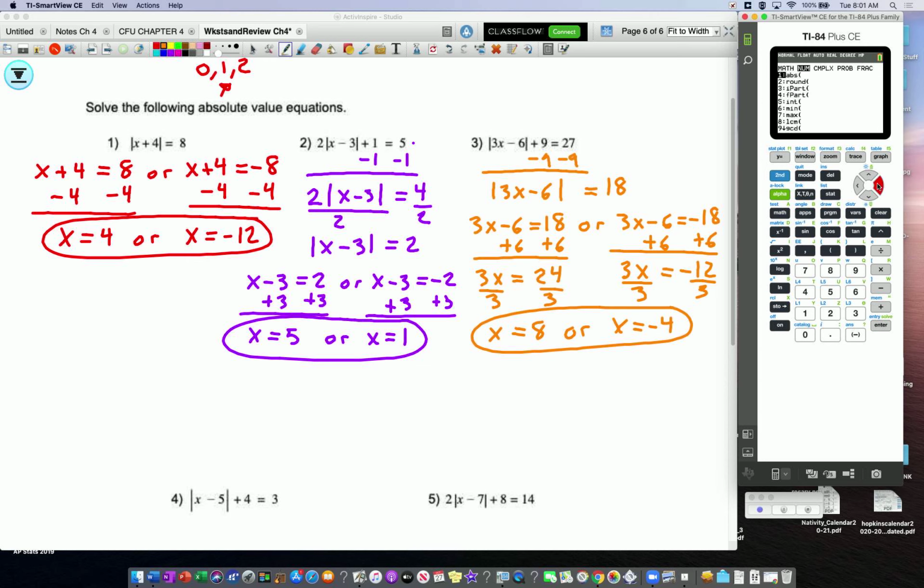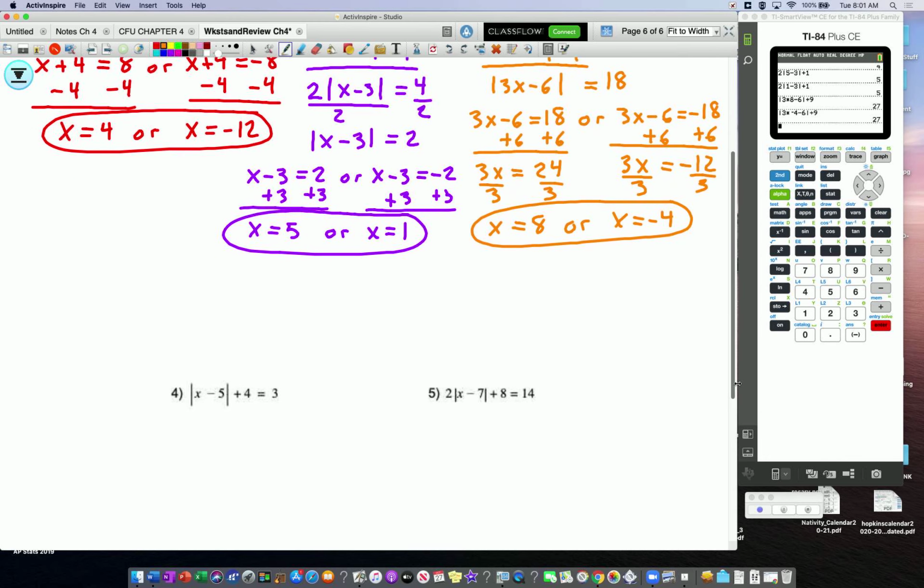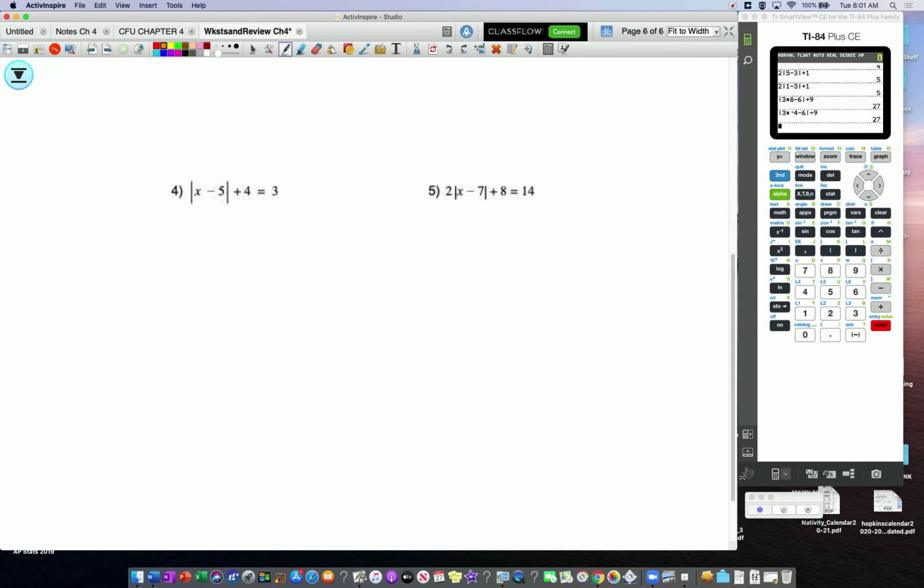Go math, number, absolute value, 3 times my other answer, negative 4. Whoops, I want to still stay inside there because I still have to minus 6, then add 9. This also better equal 27. And I have both my answers. All right, last two problems.